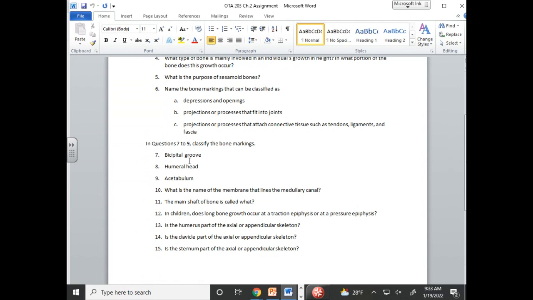Acetabulum is a deep depression. Also the hip joint. Okay, what is the name of the membrane that lines the medullary canal?